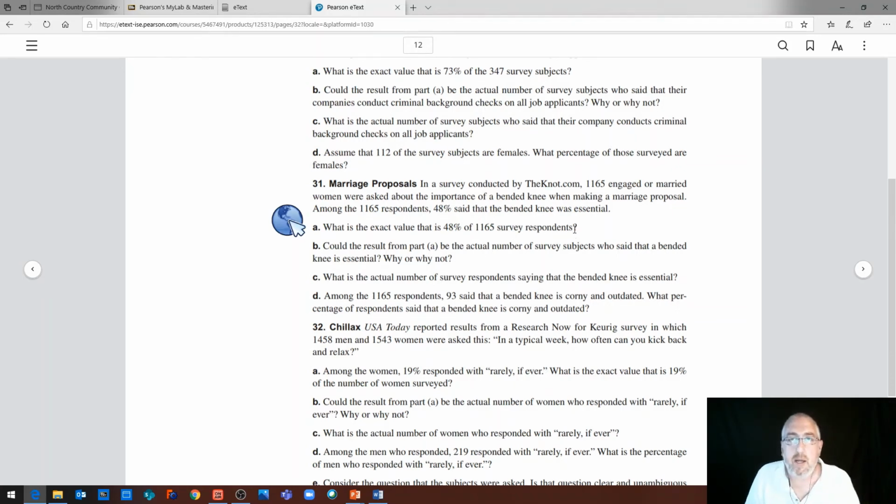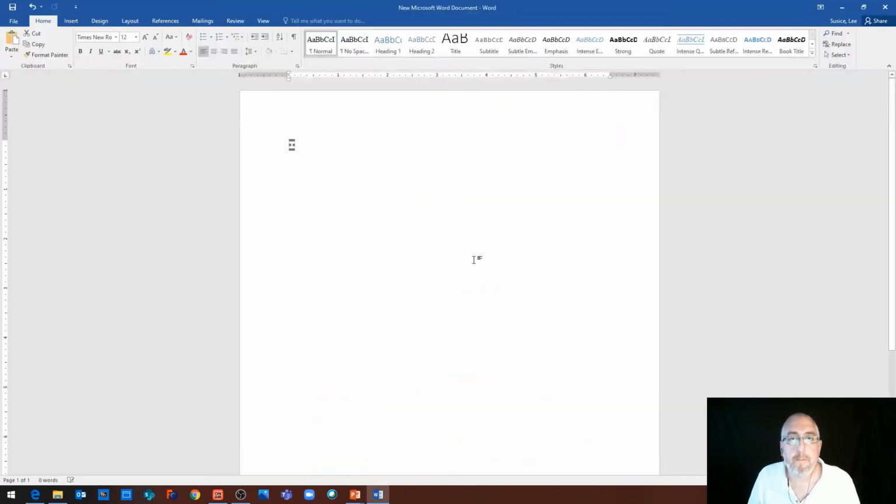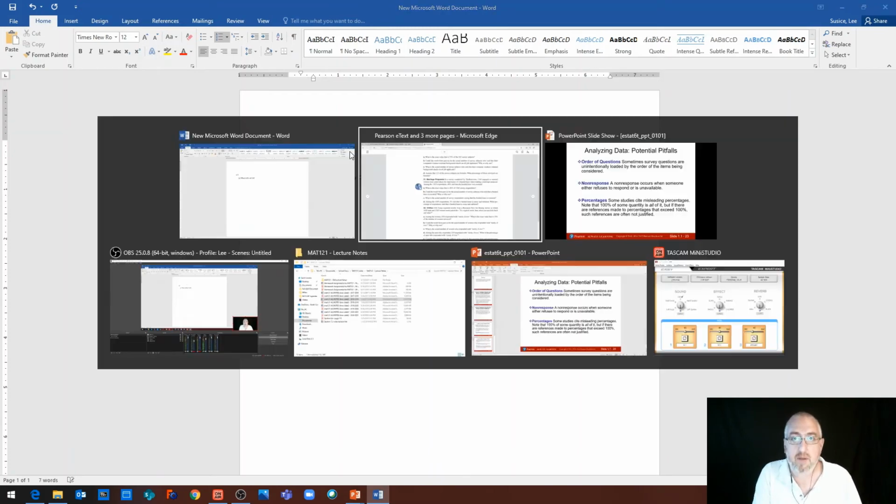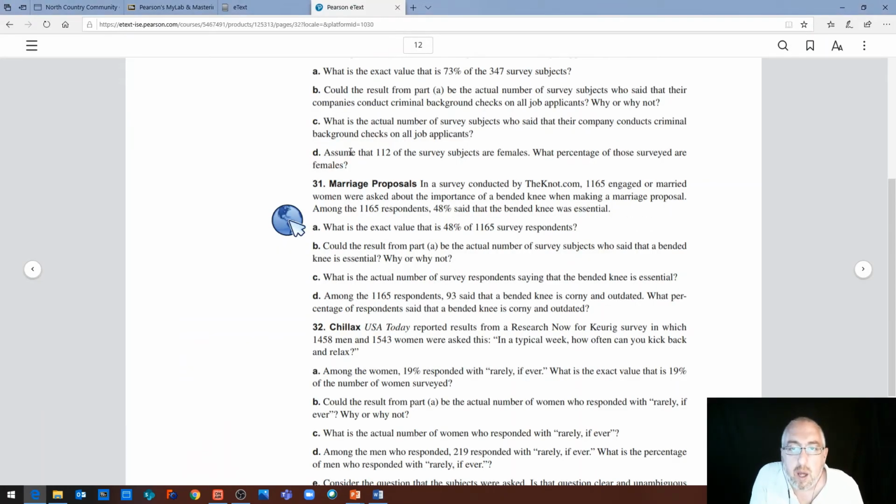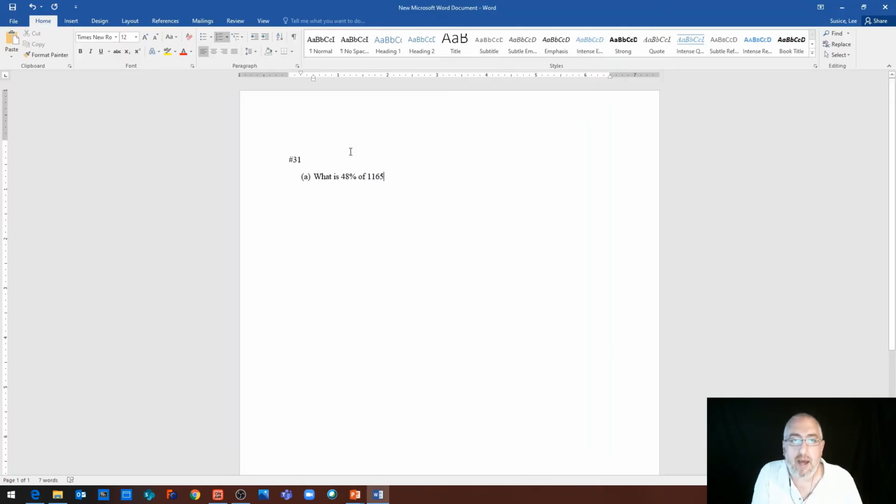Does anybody know? Let's go to a blank slate. So this is number 31. And again, what is 48% of 1,165? Let me just make sure I wrote it right. Yeah, exact value.